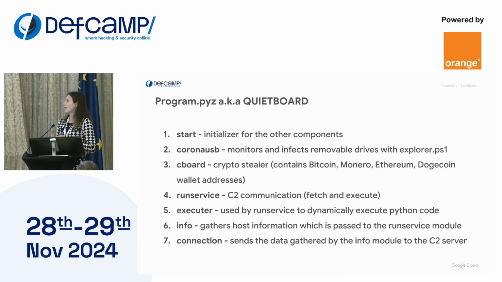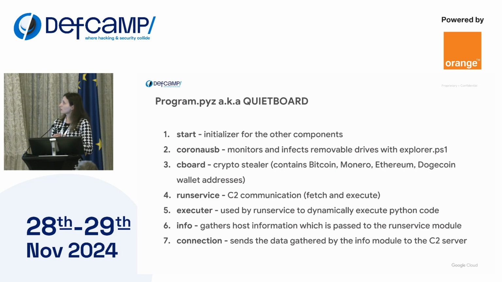as well. And the earliest one we found around 2021 only contained just the Corona USB module, so the functionality to infect removable drives. And this goes back to the inside joke Panos mentioned about this malware maybe being developed during lockdown.